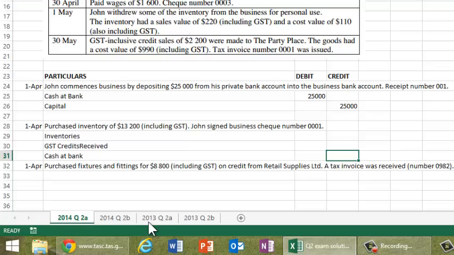In this instance, 13.2. Don't make the mistake of putting inventories of 13.2, because that's how much cash we have paid. Of that, an 11th, which is $1,200, is the GST, so that leaves $12,000 for the debit to the inventories control account.